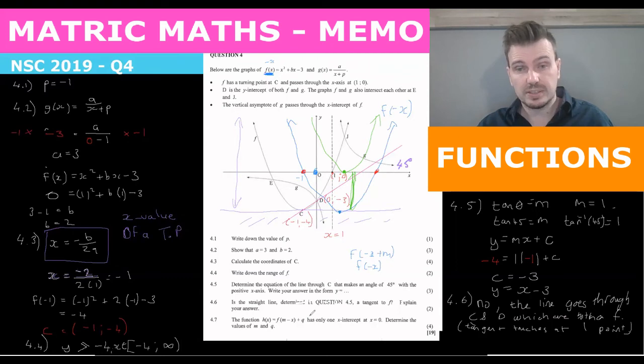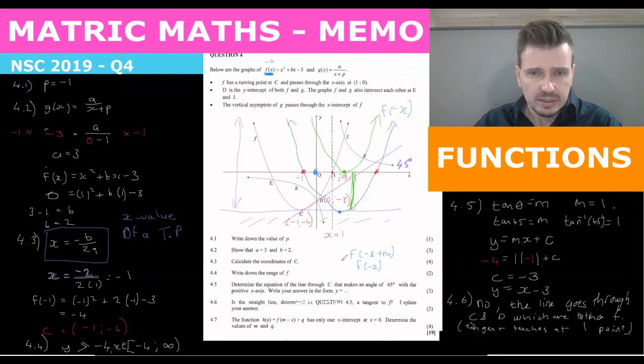If you're not understanding what I'm doing, just check out my functions videos where I'll explain the shifting up and down of these values. But we can see here the value of C is -4, the y value. So if I shift it up by 4, it'll hit the x-axis. So I know that Q is equal to 4. It must be shifted up 4.